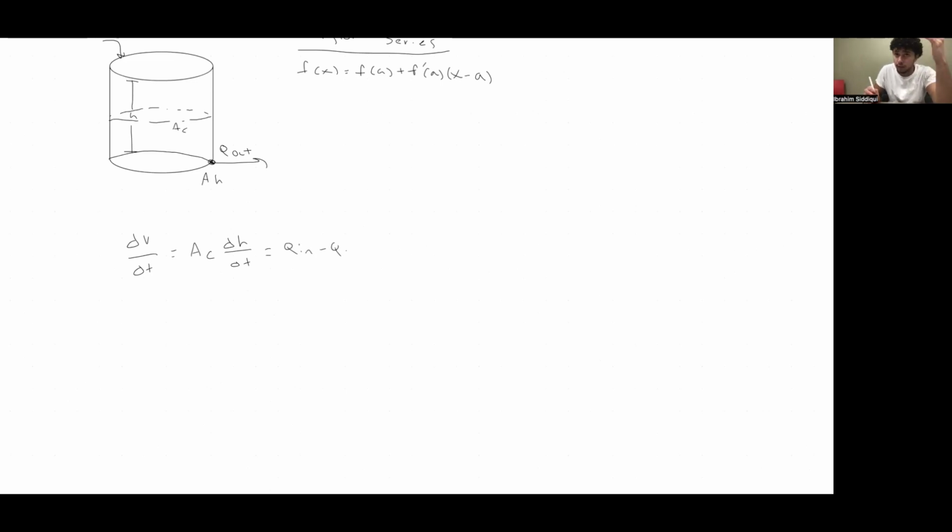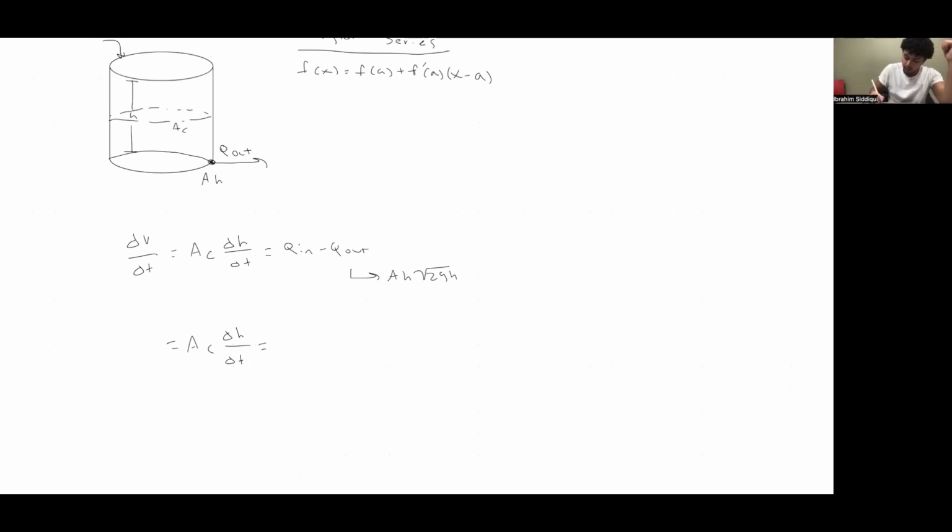And again, if you know from previous videos, we've listed Q out as the cross-sectional area of our hole times the square root of 2 times gravity times height. So keep that in mind. We can now go ahead and rewrite this equation: the cross-sectional area of our tank times the change of height over change of time. We're going to write this in a more generalized form.